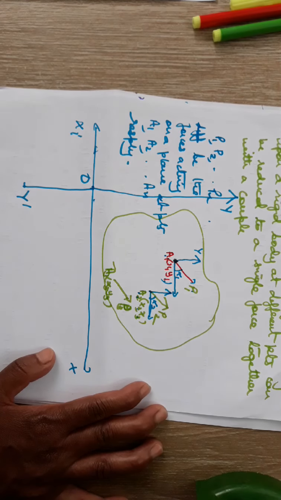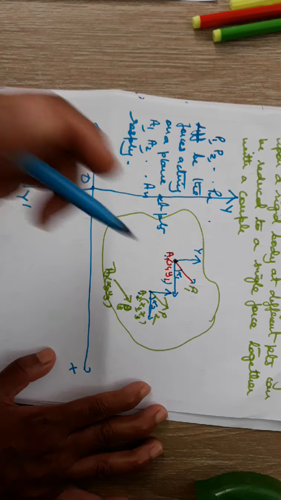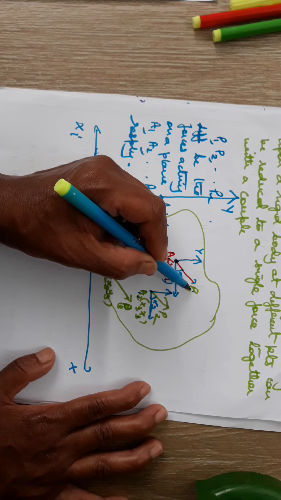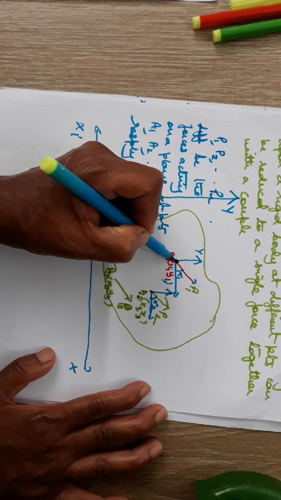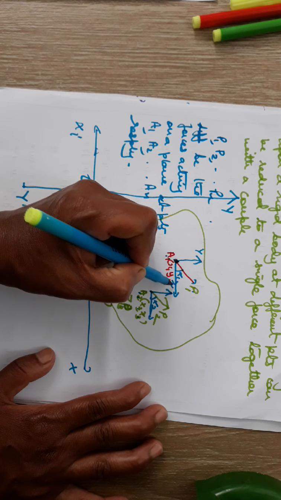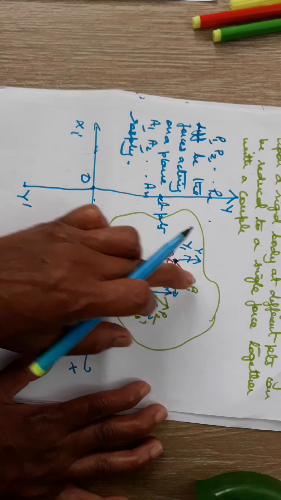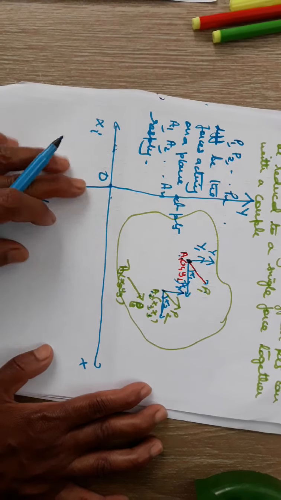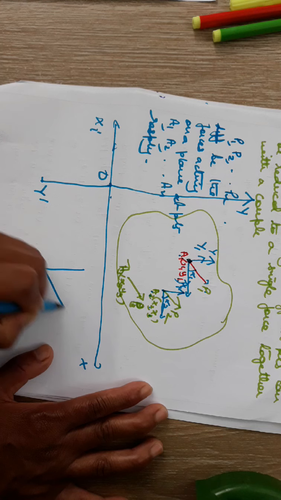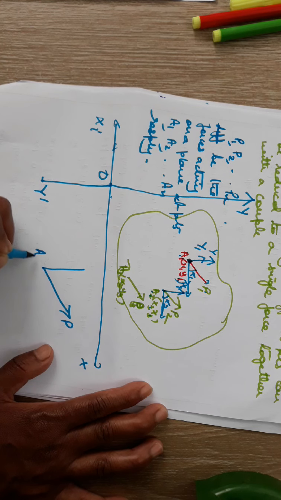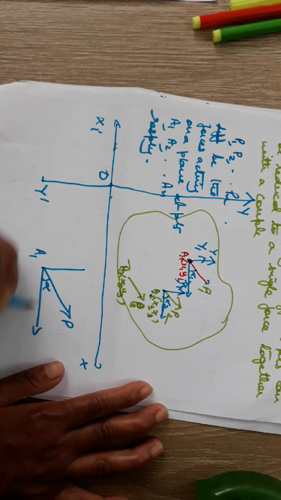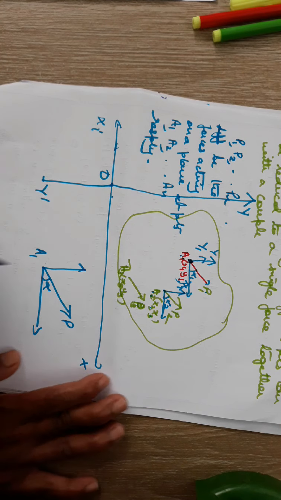Now you take the force P1 at A1, and let capital X1 and capital Y1 be the components, the resolved parts of this force along the X and Y directions. This is force P1 acting at A1, which makes an angle alpha 1 with the x-axis.